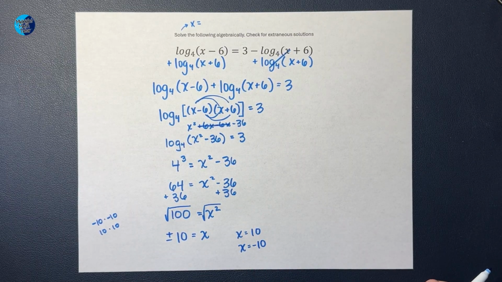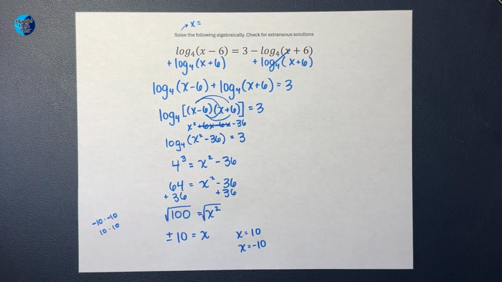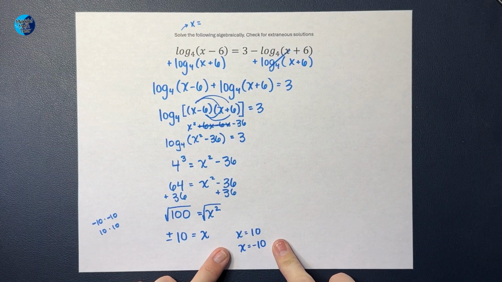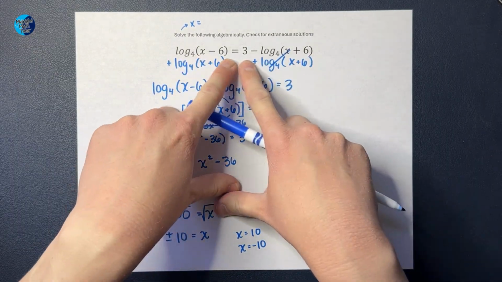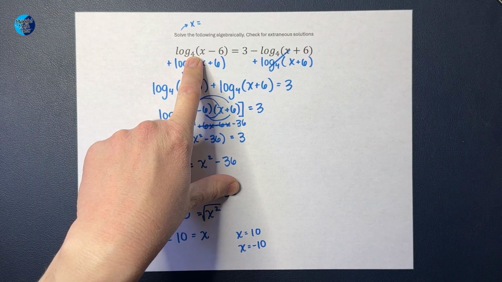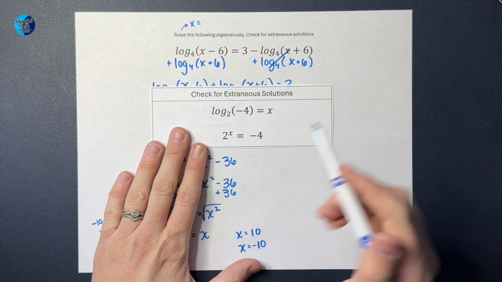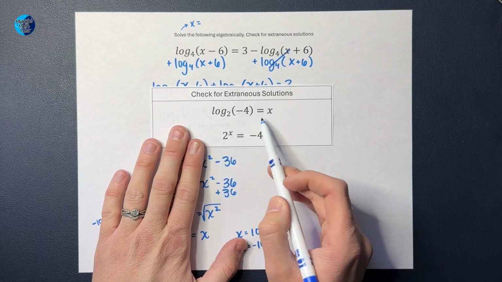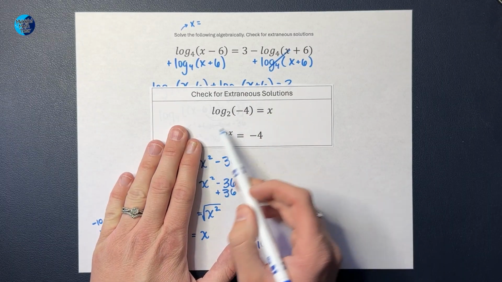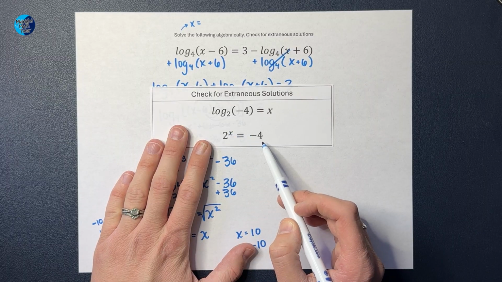All right, I got those two answers, but remember, we need to check for extraneous solutions. So whenever we're working with logs, we have to check for these. To do this, we are going to plug both of our solutions into our original problem. And what we're looking for is to make sure we aren't taking the log of any negative numbers. So let me show you what I mean by that. If I have log base 2 of negative 4 equals x, and I rewrite that in exponential form, it will be 2 to the power of x equals negative 4.